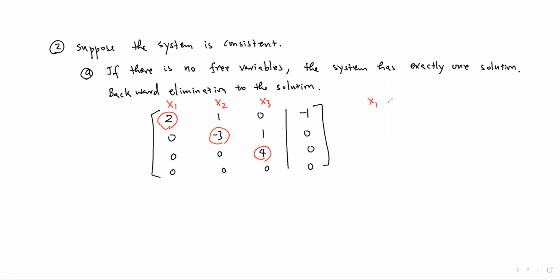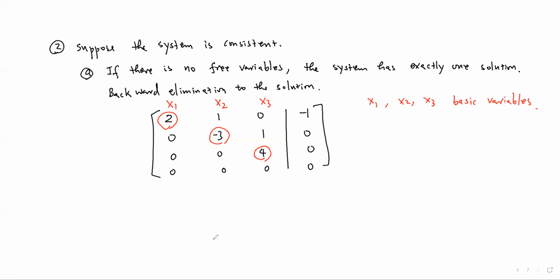So all these 3 variables are basic variables. This linear system has only one solution. How to get the solution? Either back substitution or backward elimination to get the solution.